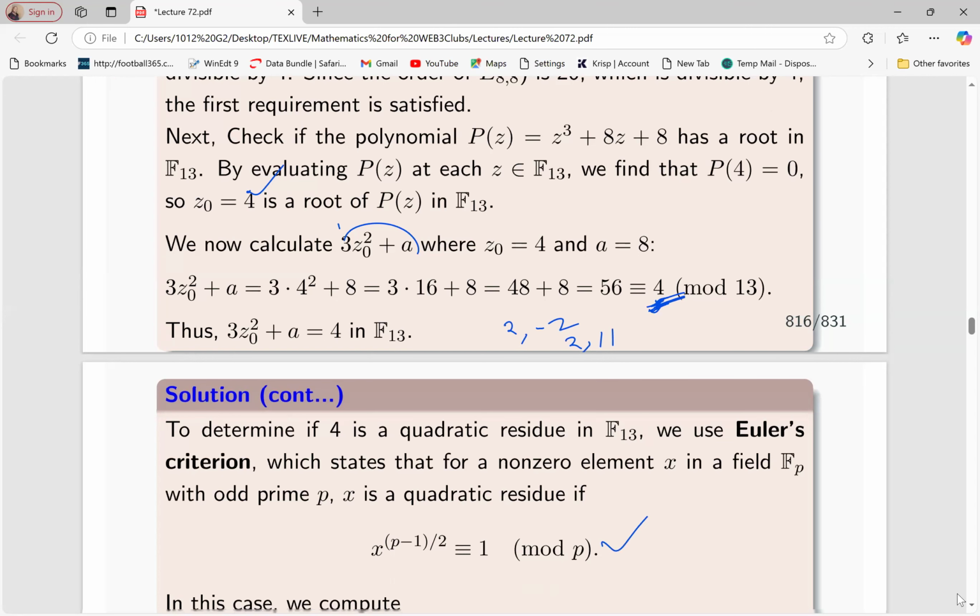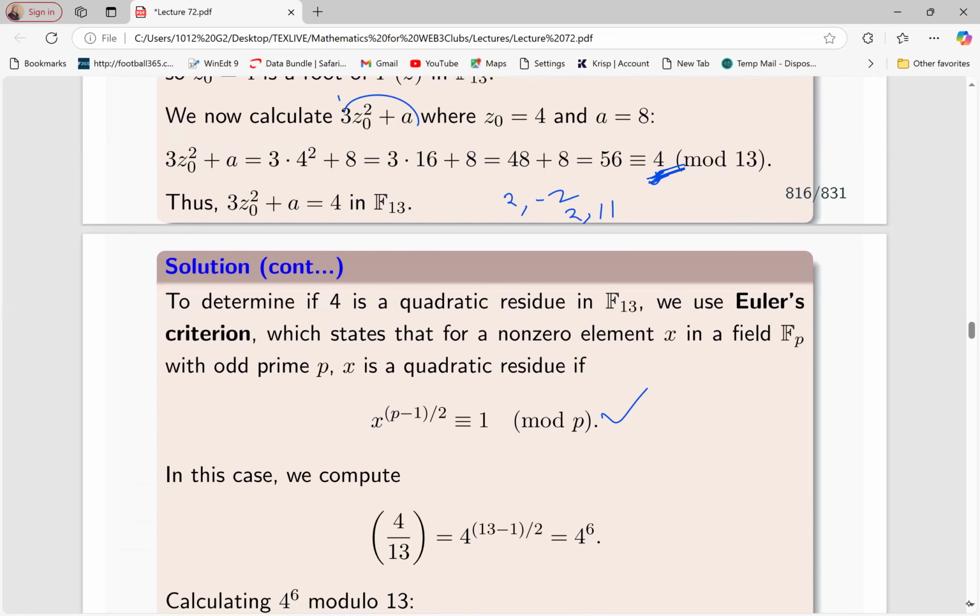What I was doing at this part, I was determining if 4 has a square root. I knew it had one, but I just want to follow the same way of thinking as I did in the earlier question.